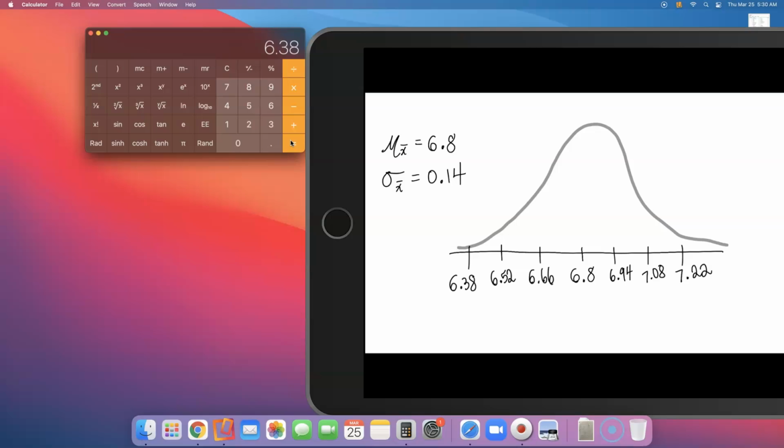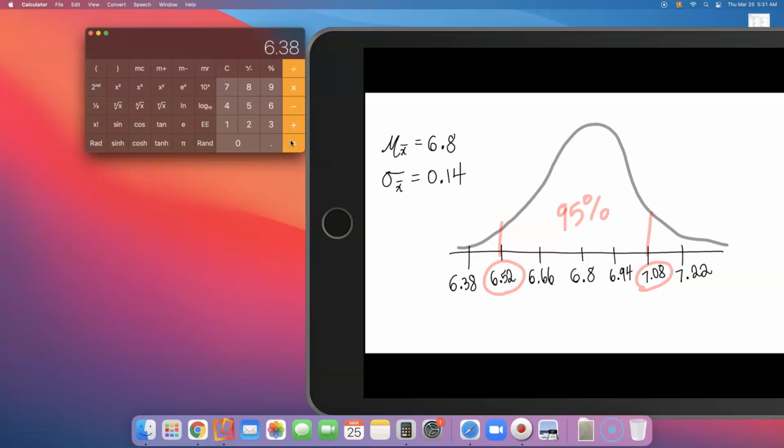Because I'll be able to say something like this. If I draw a sample of size 100, there's a 95% chance that the sample will have, this is the 2 standard deviation point, this is 95% in there, a mean in between 6.52 and 7.08.